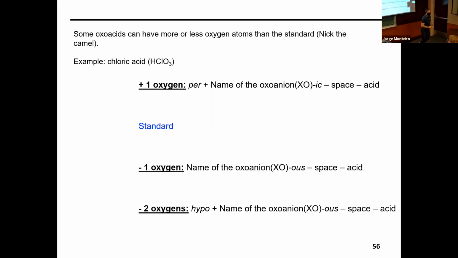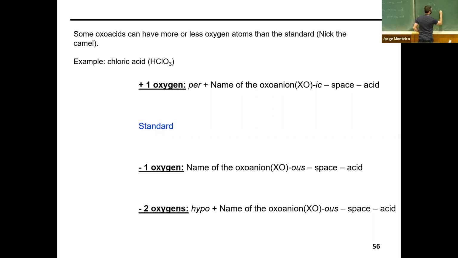To reflect the change in the formula, we need to change the nomenclature. It's going to be a very minor change. So we are going to add per in front of the name.